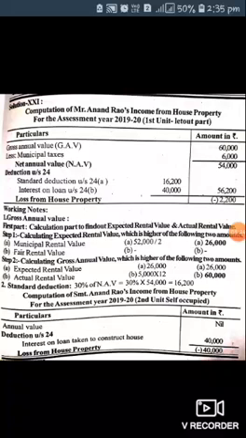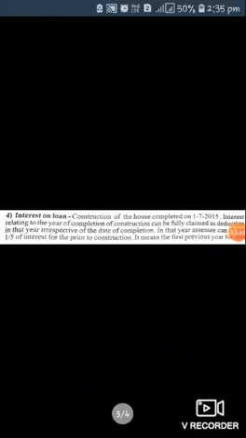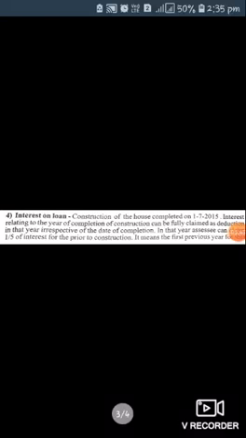For the self-occupied house part, annual value is nil because it is used for residential purpose, and interest on loan is given as deduction. He took a loan of 80,000 rupees, so the interest on loan is 40,000. So this is also negative. And here, the construction of the house was completed on 1/7/2015.